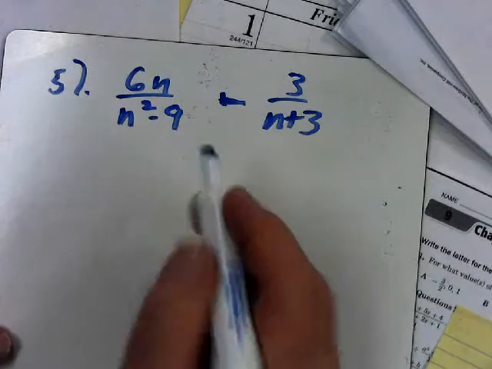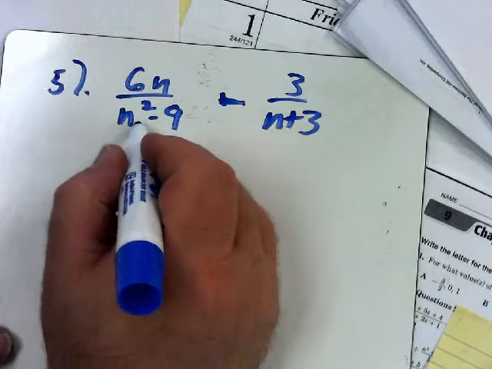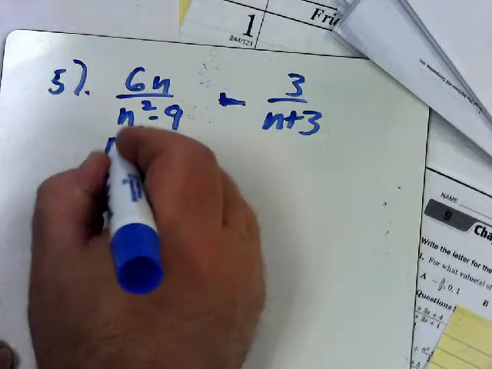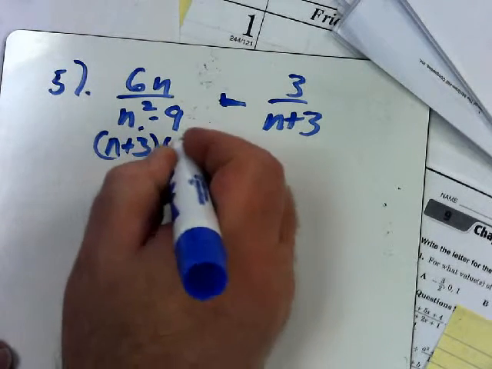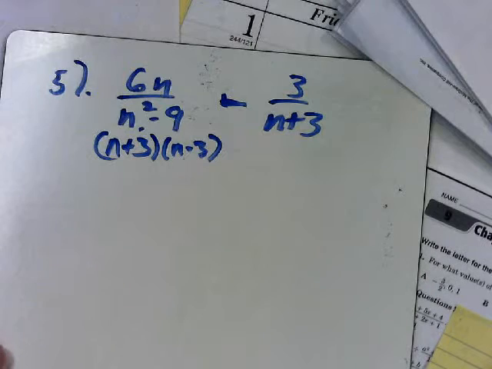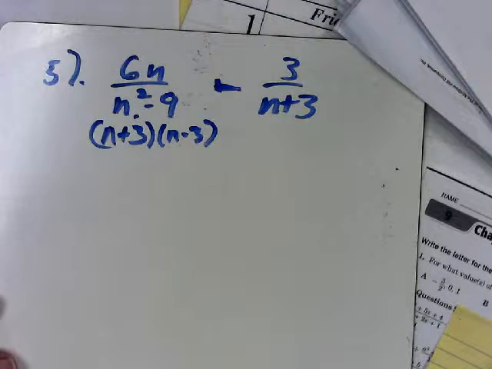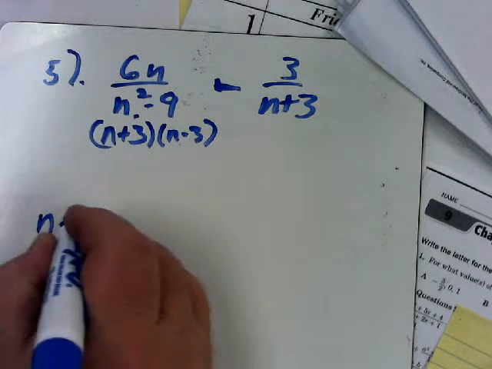So if I wanted to find common denominator, I'd probably try to factor this quadratic. N squared minus 9, does it factor? N plus 3 and minus 3. So if I looked at that, what would be my common denominator? N plus 3 and minus 3.